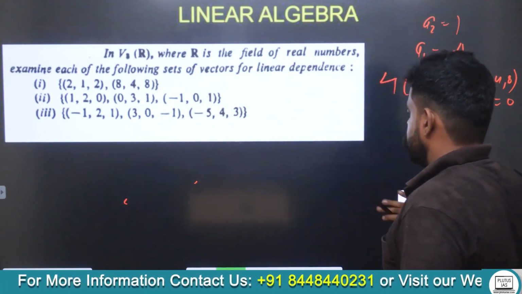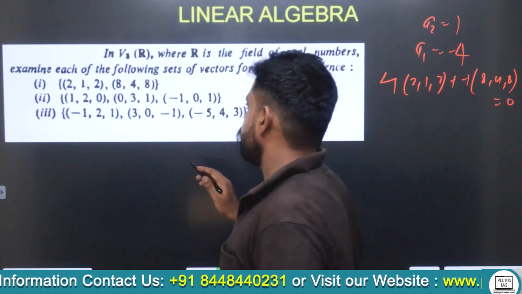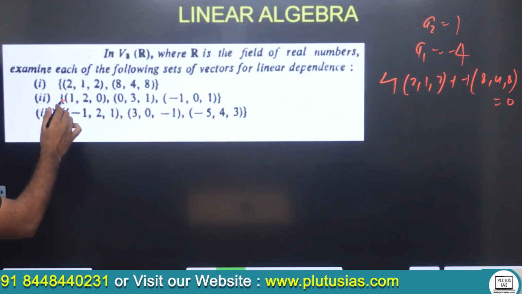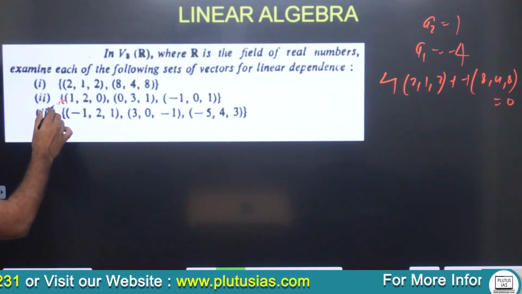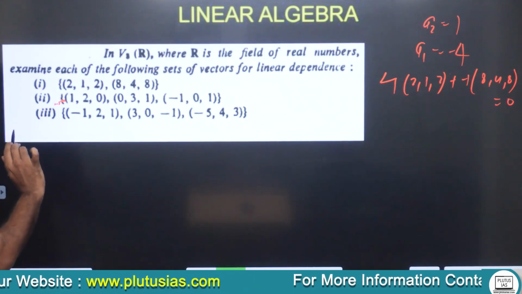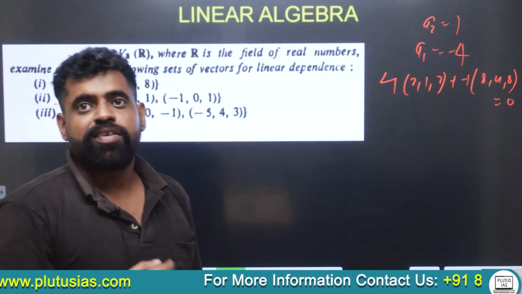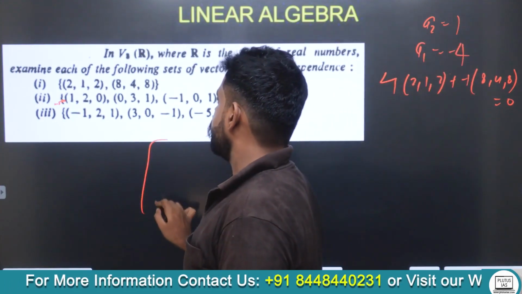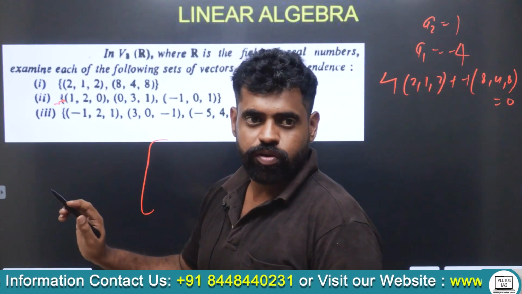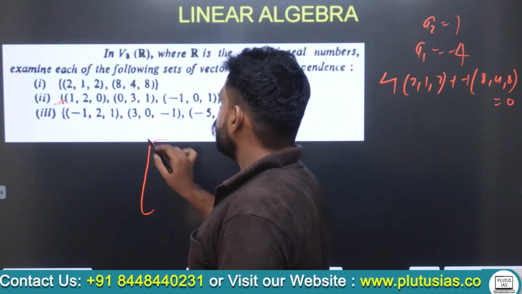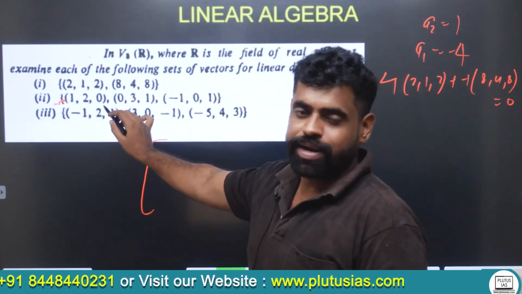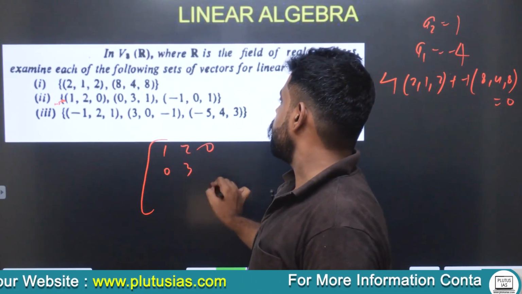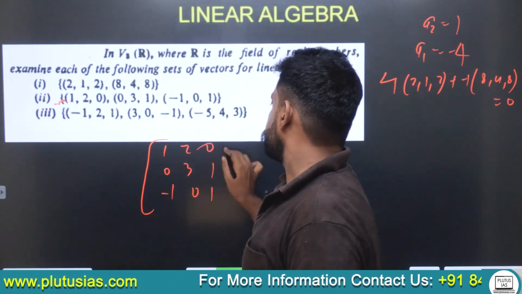Okay. Suppose this is the matrix. The second one was independent, with 0 0 0 as the solution. Suppose you take the determinant of a matrix, we form a matrix here: 1 2 0, 0 3 1, minus 1 0 1.